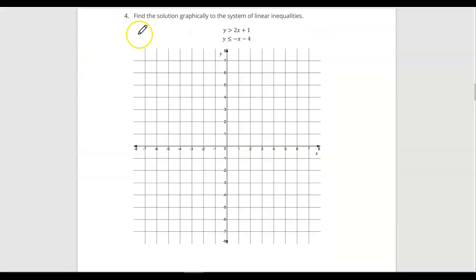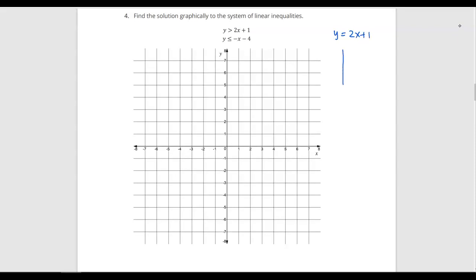Now let us consider this example here. Find the solution graphically to the system of linear inequalities. To do this, we will first graph this inequality here, y is greater than 2x plus 1. You do that by graphing the line y equals 2x plus 1.